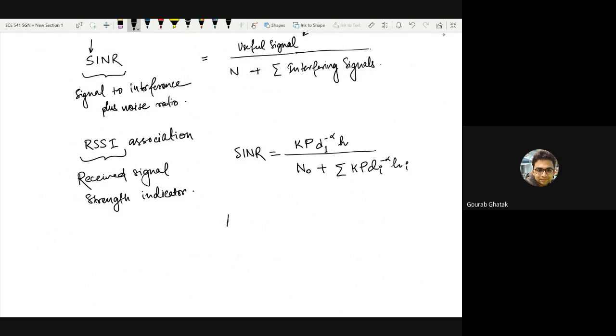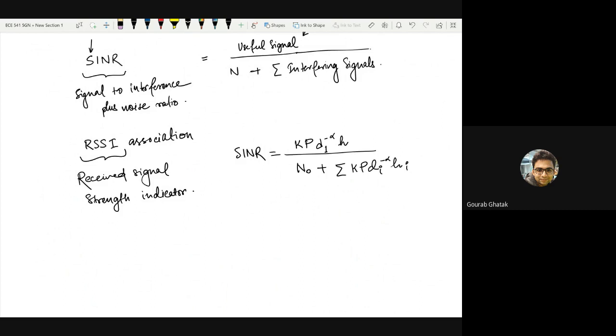Remember that when you have different base stations to a user, each of these links experiences an independent fast fading. So this one is H1, this one is H2, this one is H3. Each of these received powers fluctuates around its mean, modeled by an independent Hi. I hope this part is also clear.